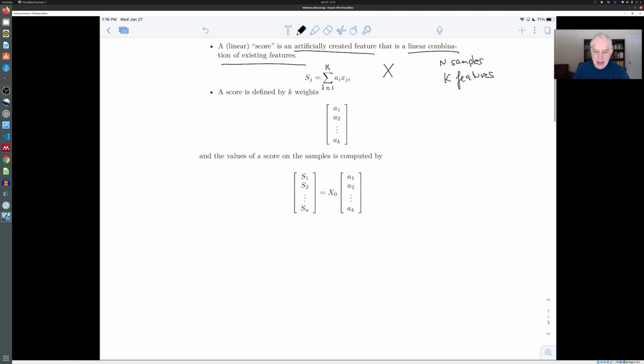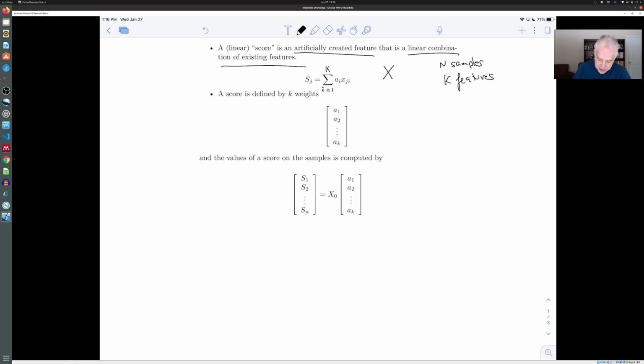If you think about that in terms of matrix multiplication, remember that X0 is our data matrix where we assume that the columns have mean 0, although that isn't necessary for this particular calculation. When you take your data matrix and multiply it times the weights A, this is an n by k matrix times k by 1, so it yields an n by 1 matrix.